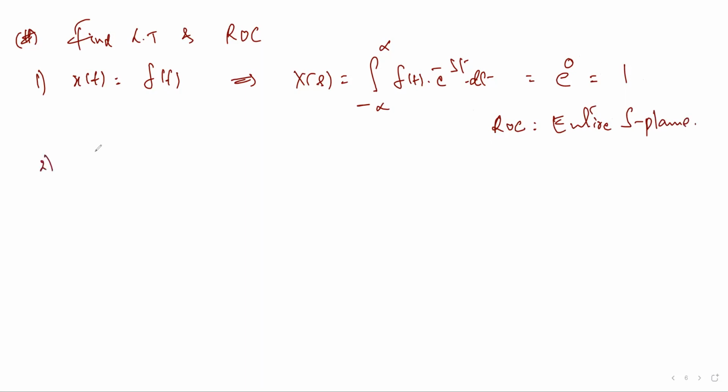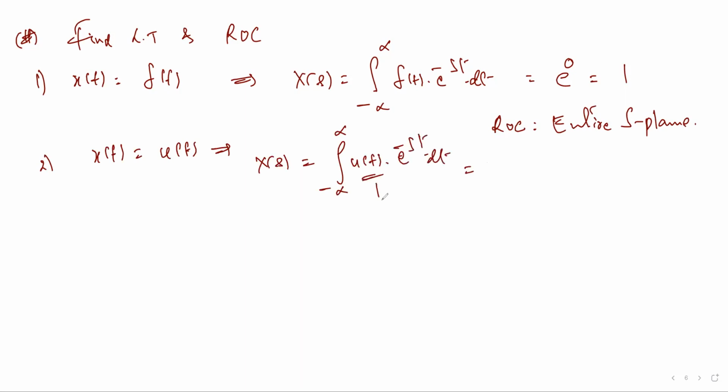Second, x of t is u of t, then X of s is integral minus infinity to plus infinity of u of t e power minus st dt.